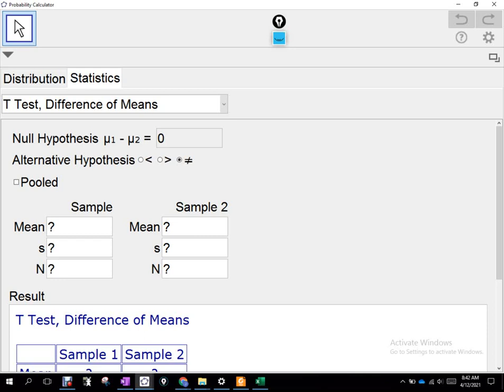All right, so then you see here your null hypothesis is already established as 0. That's nice. That's what we want. The alternative hypothesis, we want them to be not equal. Pooled or not pooled? If it was pooled, we'd check mark it, but it's not pooled, so we're going to leave it open.